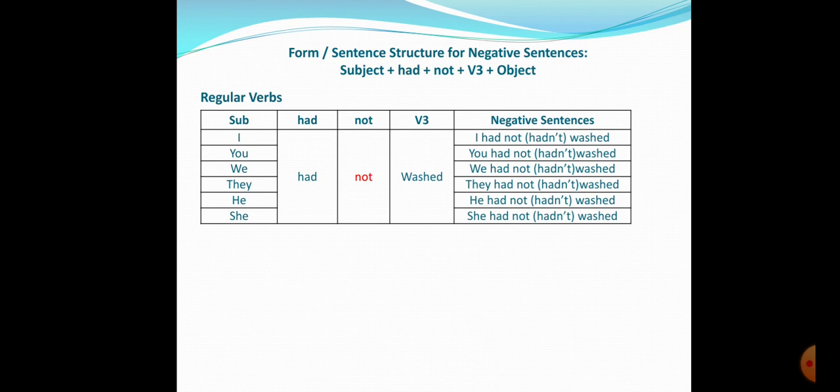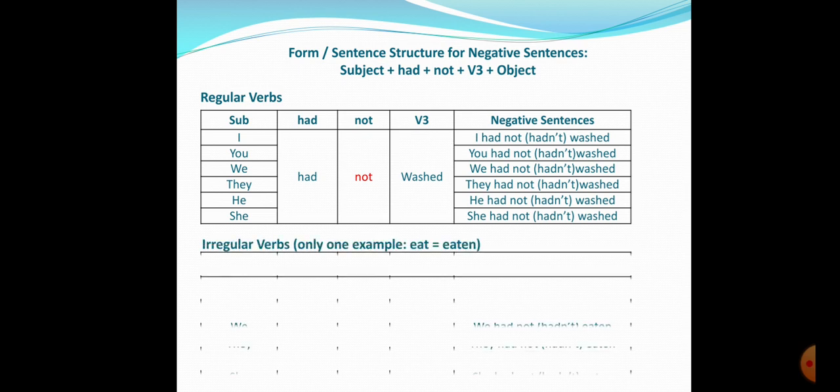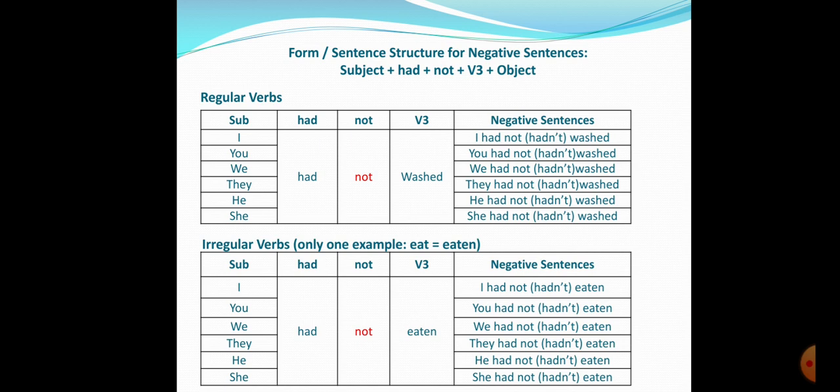So you get I hadn't washed, you hadn't washed, we hadn't washed, they hadn't washed, he hadn't washed, she hadn't washed. Understood, students? Let's look at the irregular verb. Same way, not is added after the had. So you get I hadn't eaten, you hadn't eaten, we hadn't eaten, they hadn't eaten, he hadn't eaten, she hadn't eaten. Understood, students?